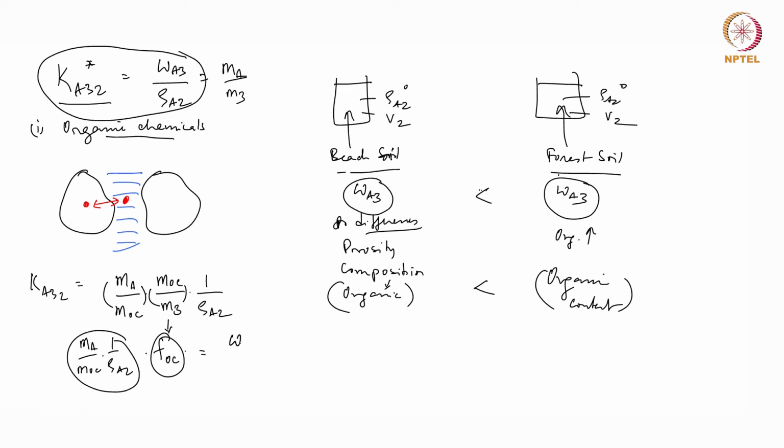This makes it WAOC by rho A2 into FOC. If I do this, this number here is a normalized partition constant. So, it does not depend on the amount of organic carbon, it depends on the type of organic carbon. Okay. You understand? Clear?